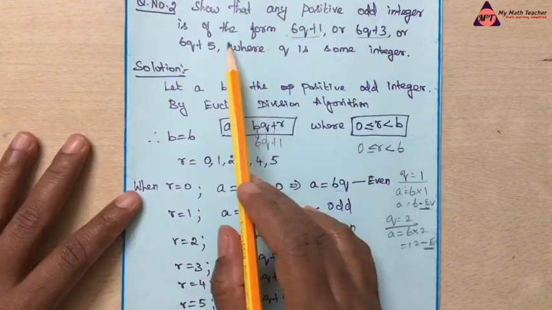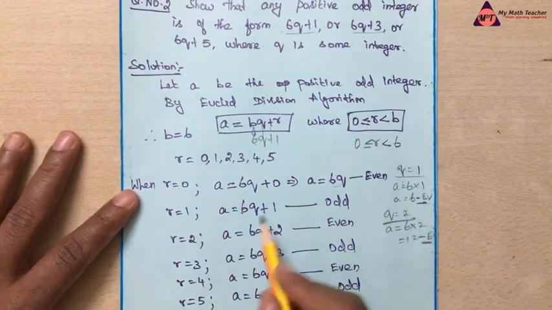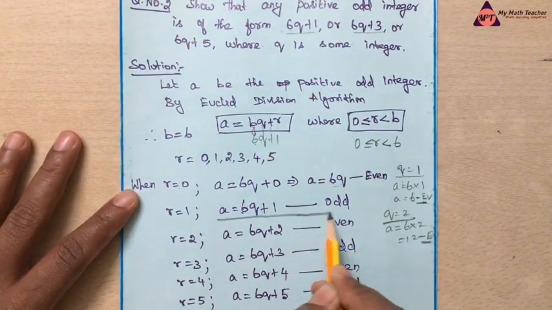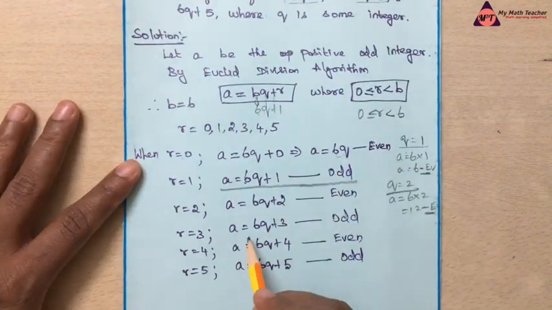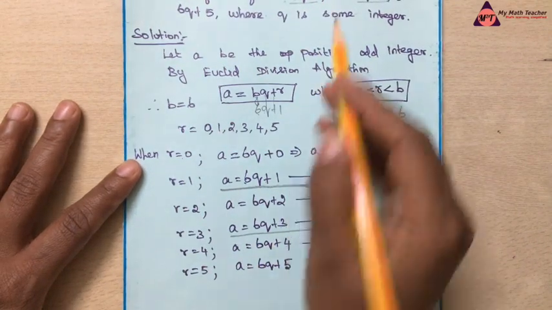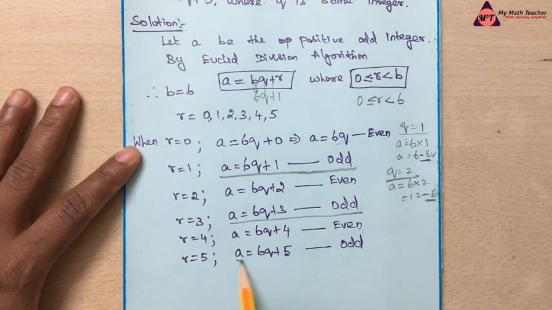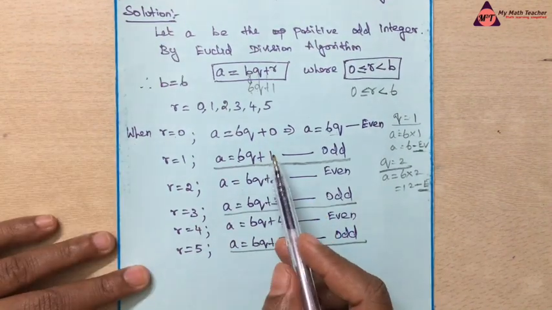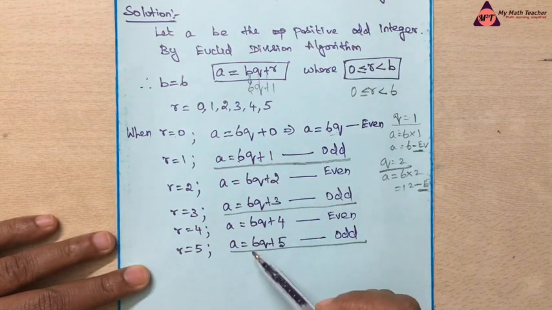Now, what are these things? 6q plus 1. Okay, this is odd. 6q plus 3. And then 6q plus 5. Okay, all the three forms are odd.